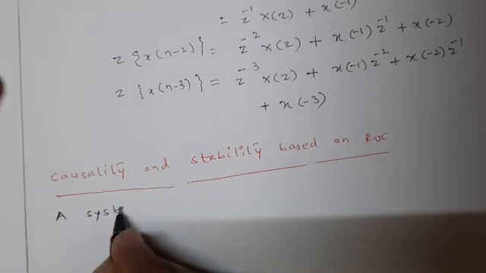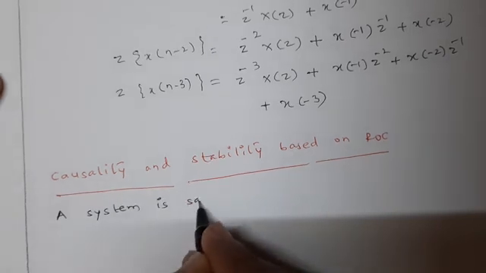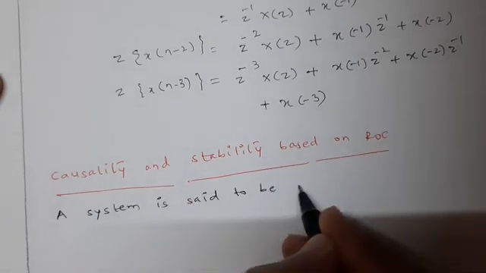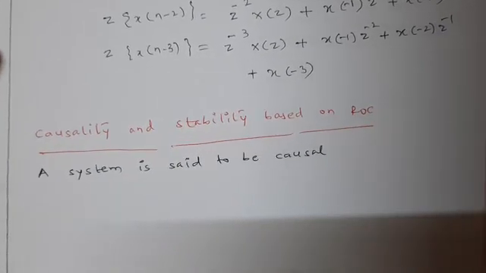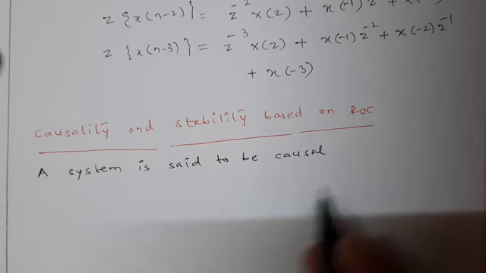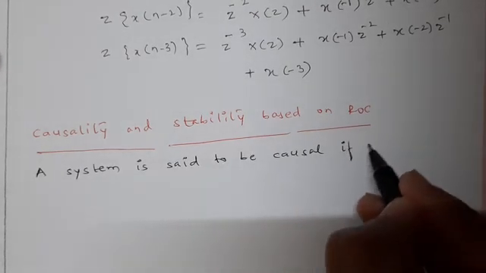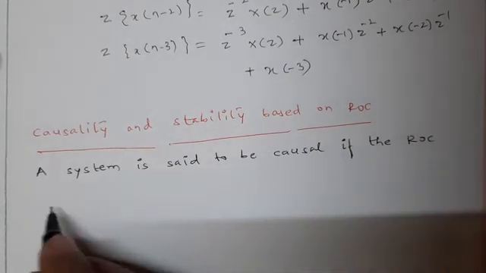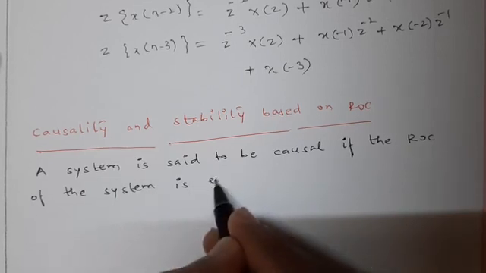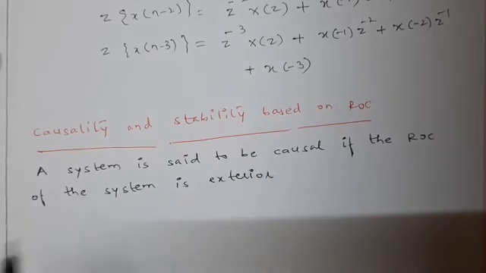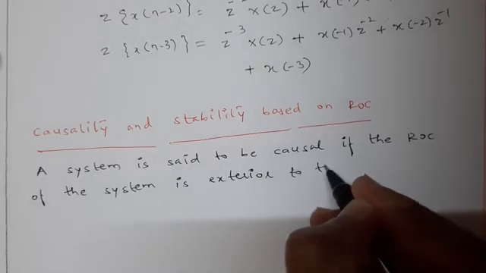A system is said to be causal if the ROC of the system is exterior to the circle.